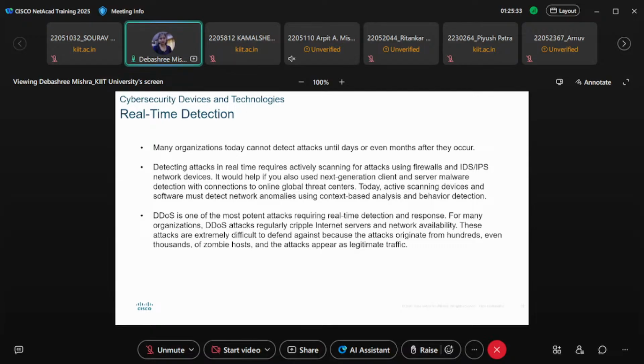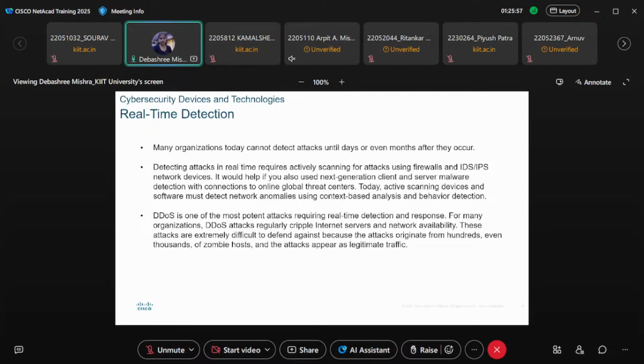So detecting an attack requires real-time scanning, or we can say real-time detection, logging, then taking actions. It will be helpful if we use a certain kind of client and server model to detect this kind of online threat, which is a very concerning thing right now.